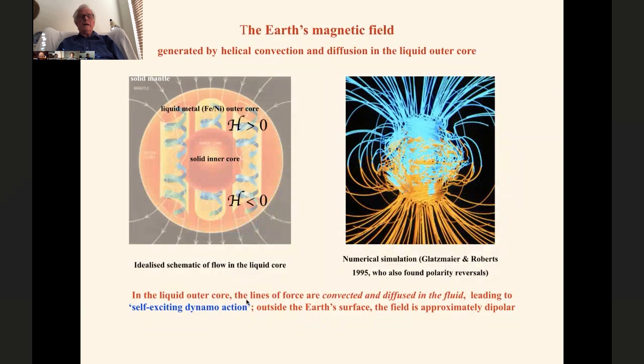In the liquid outer core, the lines of force are convected and diffused in the fluid, leading to self-exciting dynamo action. Outside the Earth's surface, the field is approximately dipolar, as you see far out here, as we observe at the surface of the Earth.